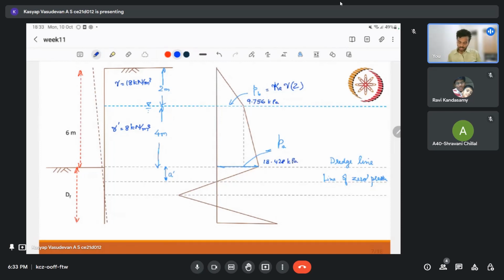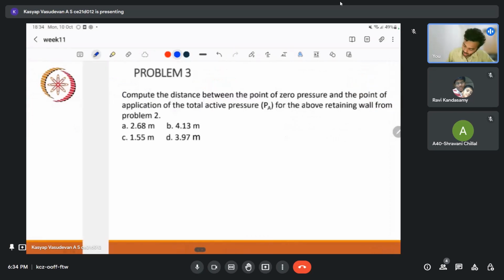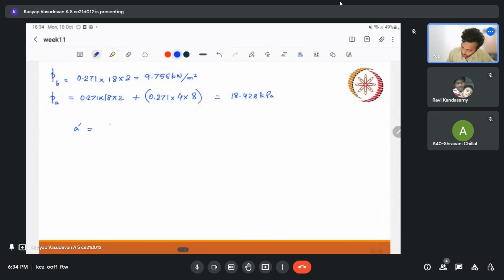So in order to find A dash, we have the equation A dash is equal to PA divided by (Kp minus Ka) into gamma dash.